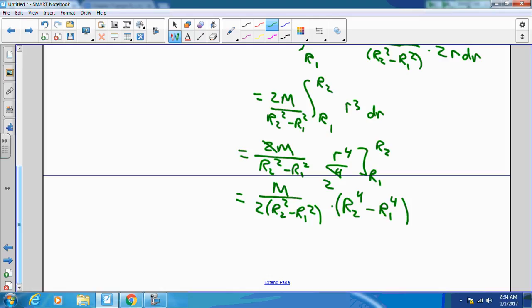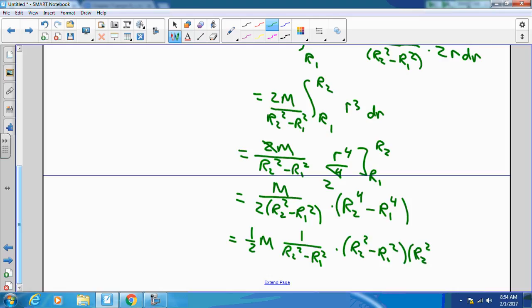However, it can be simplified by observing that we have a difference of squares factoring pattern going on right here. In the numerator, we have R2 squared squared minus R1 squared squared. So that if I factor it, pulling out my 1/2 M, something really delightful happens.